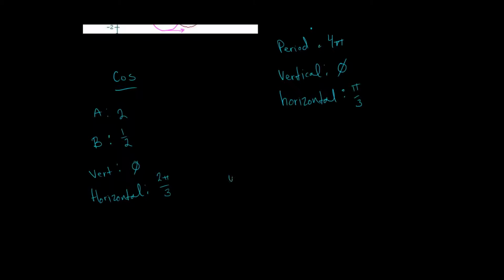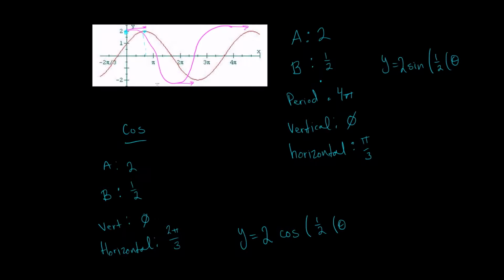I have y equals 2 cosine 1/2 theta. Now since I'm moving the graph to the right, it's minus 2 pi over 3. And once again, I have no vertical shift. So this is another way I could write this same graph.